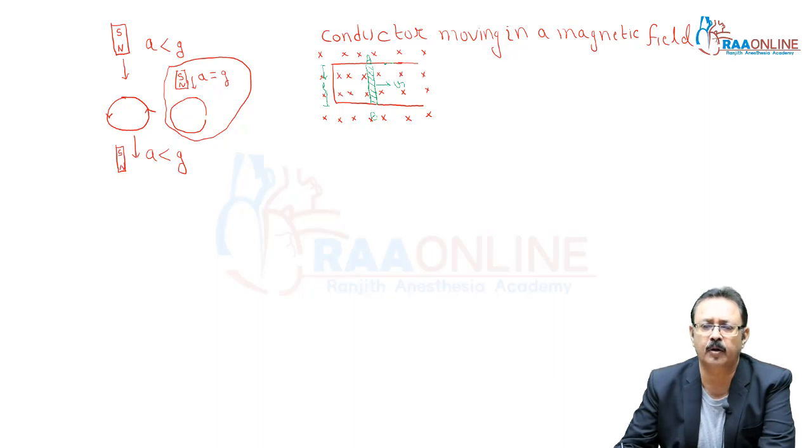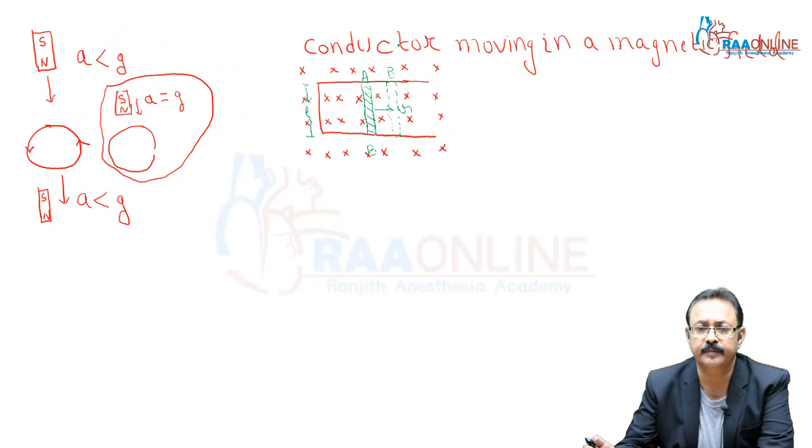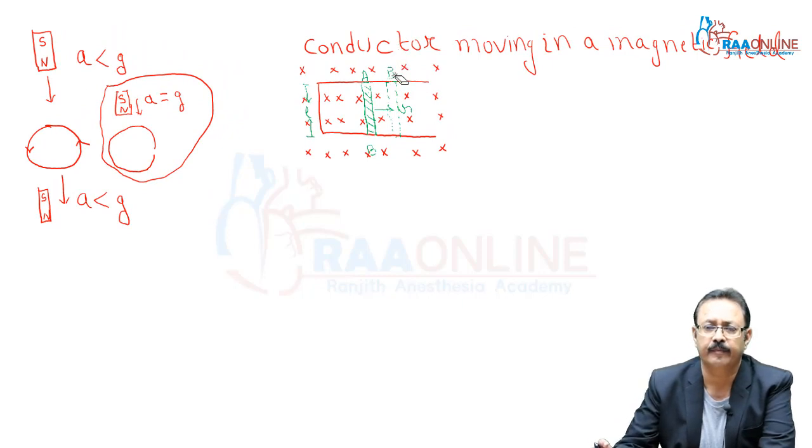It moved a small distance dx, the distance moved by the conductor in t seconds. Now the conductor is at position A dash, B dash.